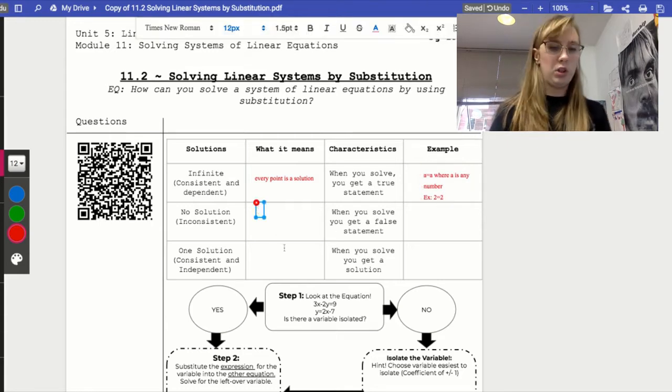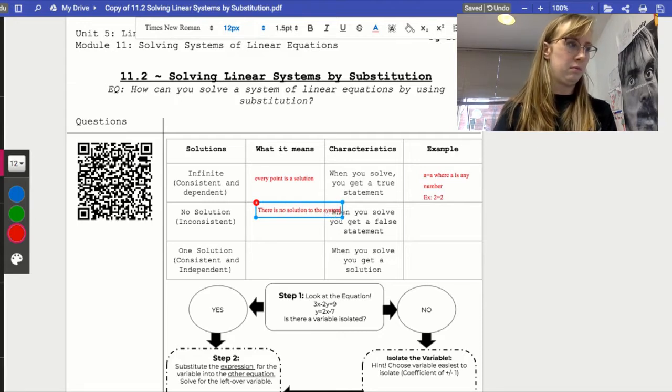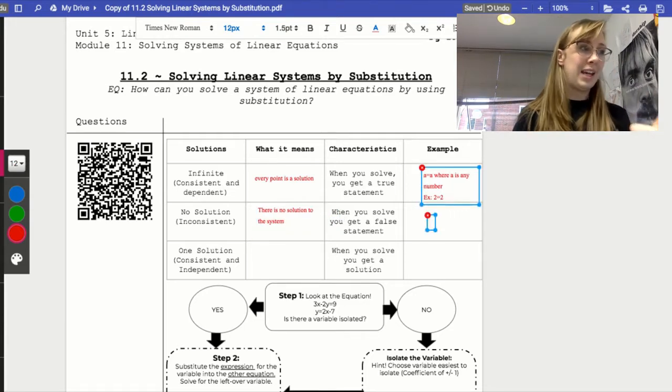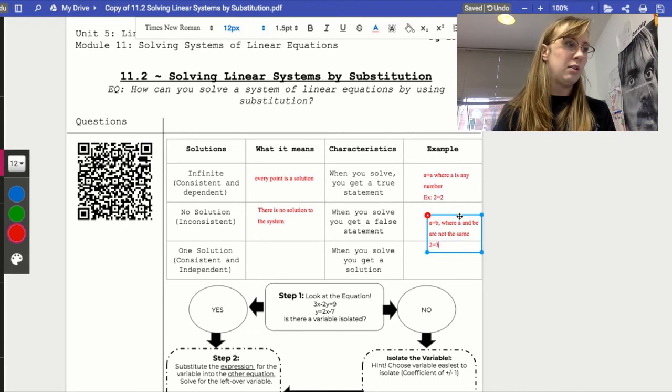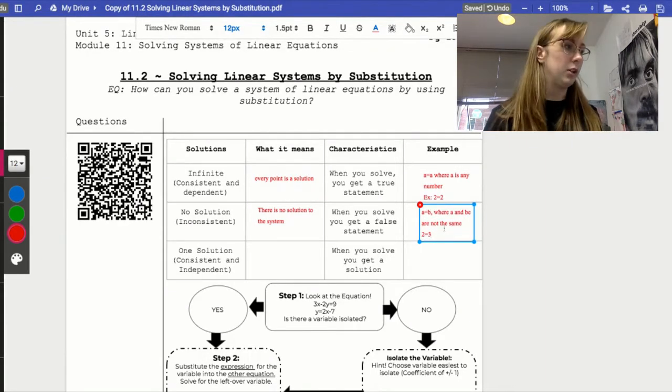If it's no solution, then that means there's no solution to this system. Again, you see how for infinite it was A equals A, where A is any number. In this case, A would equal B, where A and B are not the same. So for example, if you end up with 2 is equal to 3, that's not a true statement. 2 is not 3 in real life, so that's going to be no solution.